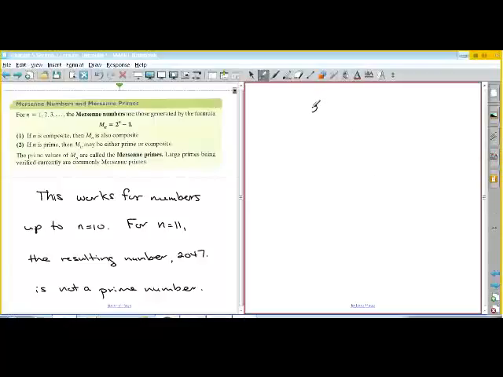Divided by 23. Oh, there we go. So it turns out that 2047 is 23 times 89.